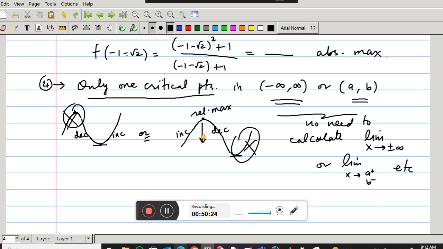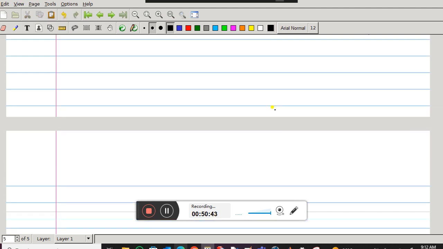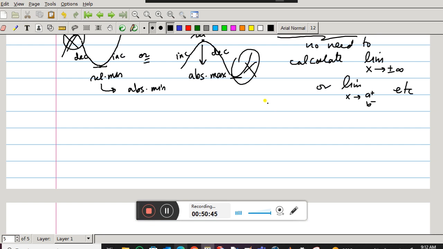But this relative maxima automatically becomes absolute maxima. And this relative minima automatically becomes absolute minimum. So if you have one critical point only, check whether it is relative maxima or relative minima. If it is relative minima, it becomes absolute minima. If it is relative maxima, it becomes absolute maxima.